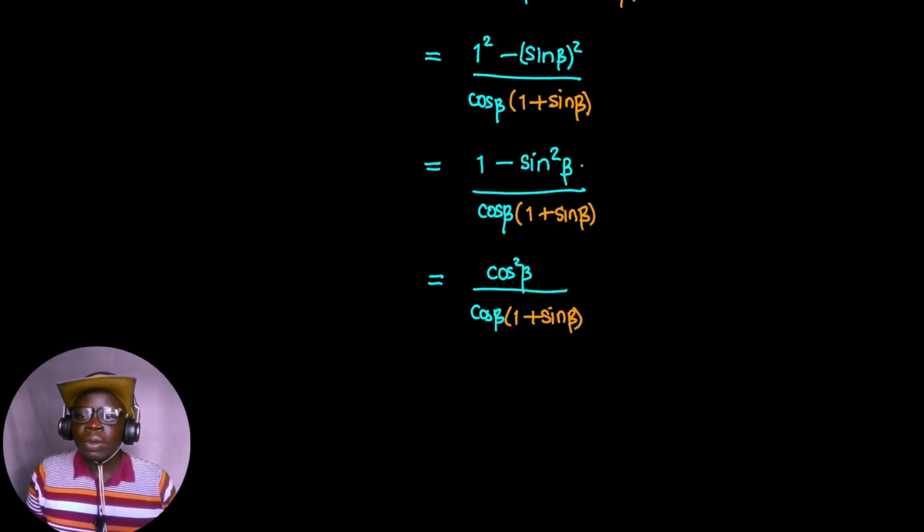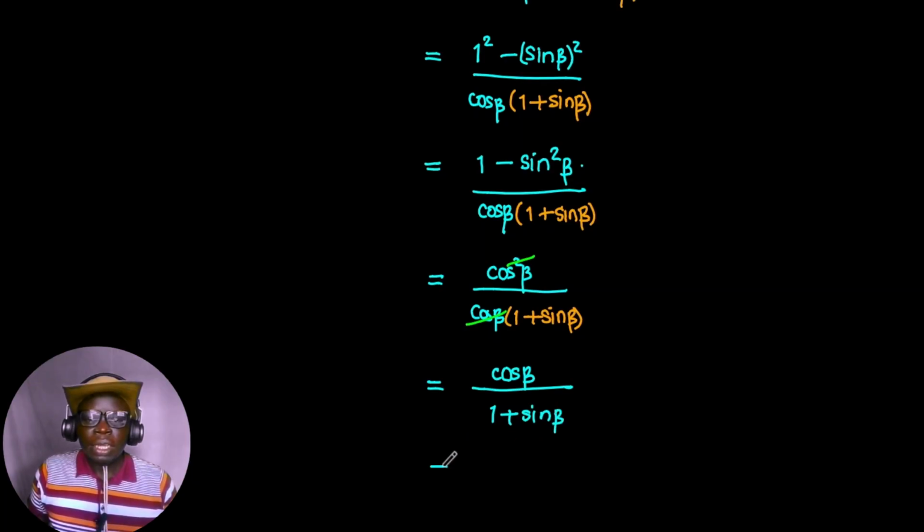Therefore, we can see that this square will cancel with the denominator, and we are left with only one cos beta from the numerator. Therefore, we can write the remaining terms here: cos beta over 1 plus sine beta, and that is exactly equal to the right hand side.